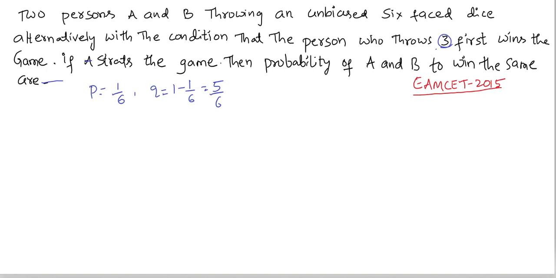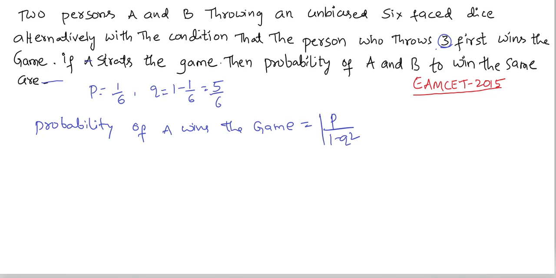Probability of A wins the game is P by 1 minus Q square. This is the shortcut formula.